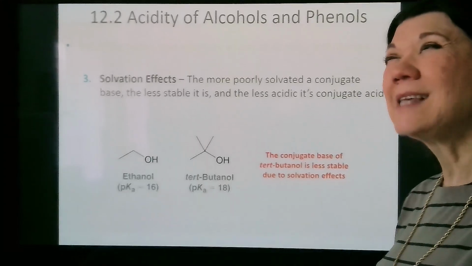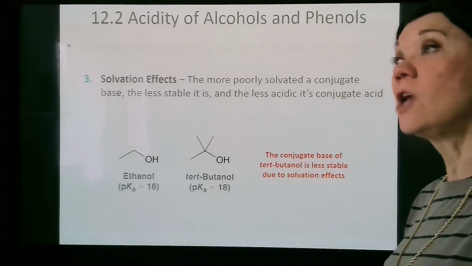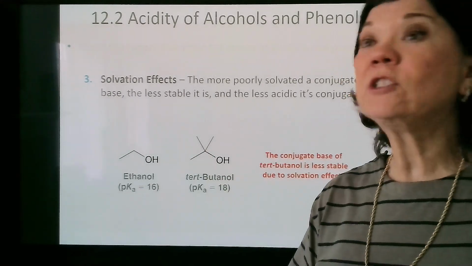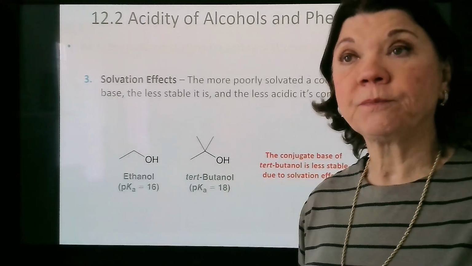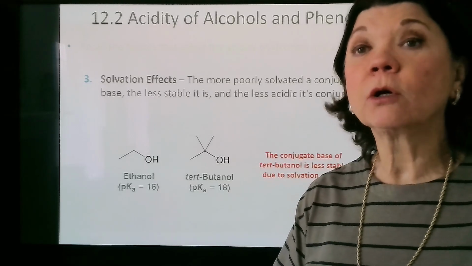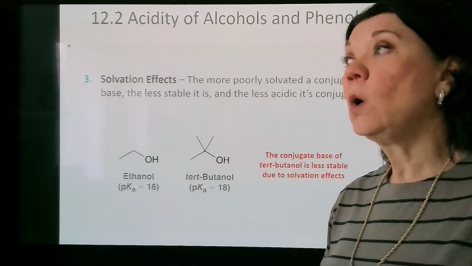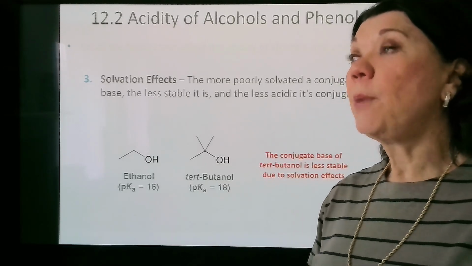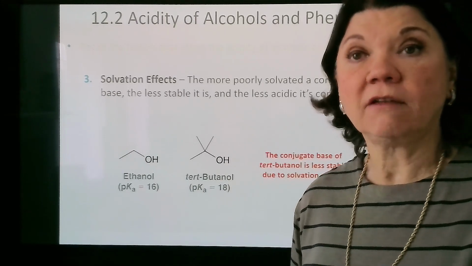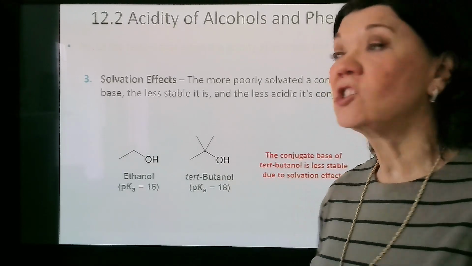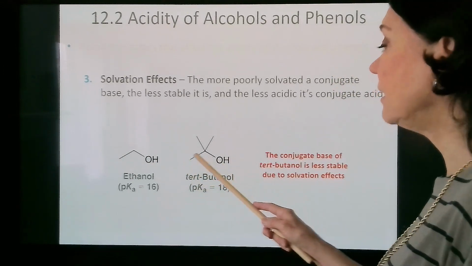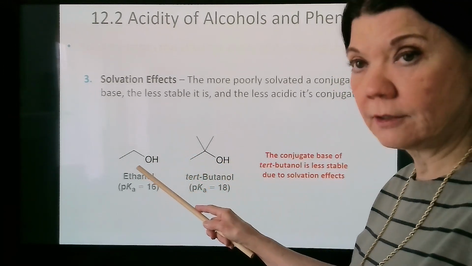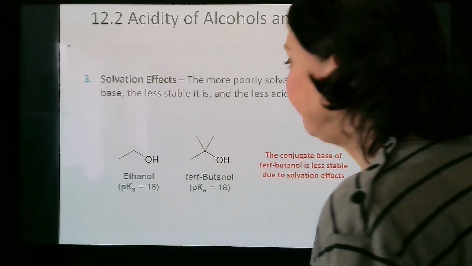That's not quite the same as solvent effects. Solvent effects would be switching from one solvent to another, switching from a polar protic solvent to a polar aprotic solvent, changing solvents. Here, this is a comparison that's made in the same solvent. Okay, so this is called solvation effects.